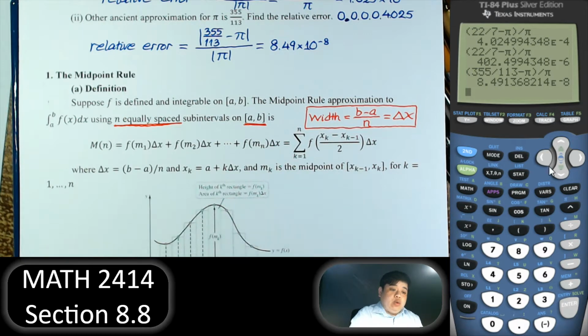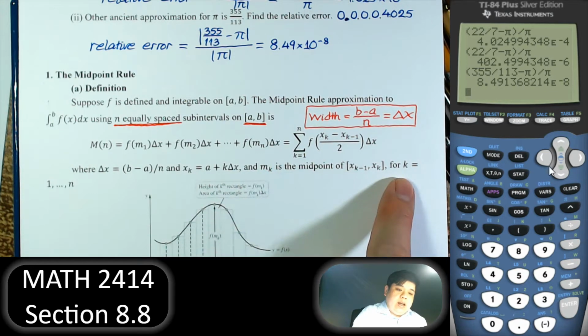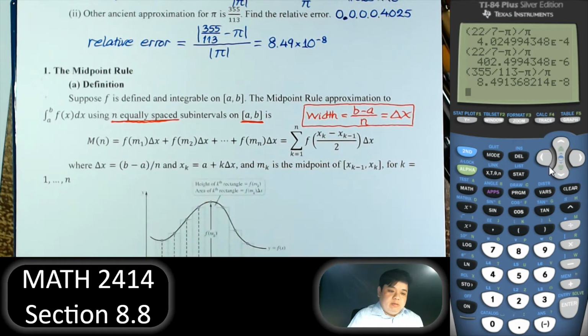So pretty much we just find the midpoints and then we evaluate the function at the midpoint.